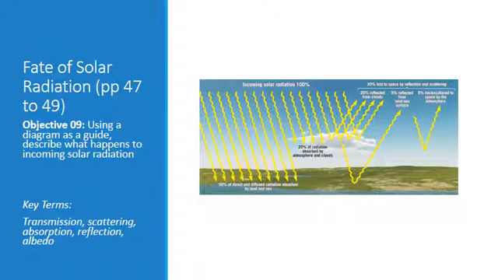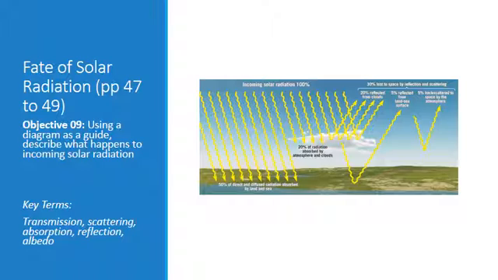Recall that when radiant energy is absorbed, the molecules begin to vibrate faster, which causes an increase in temperature. The third thing that can happen is that some radiation may bounce off of the gas molecules or the dust particles in the atmosphere without being absorbed or transmitted.